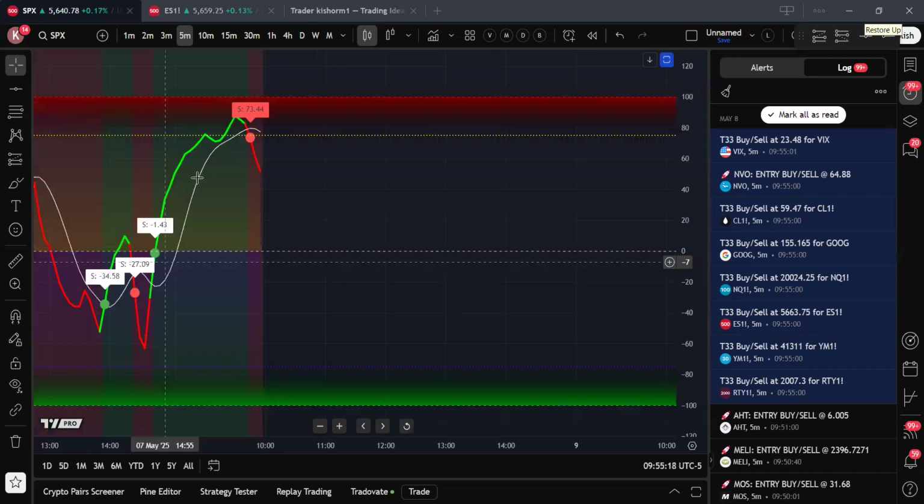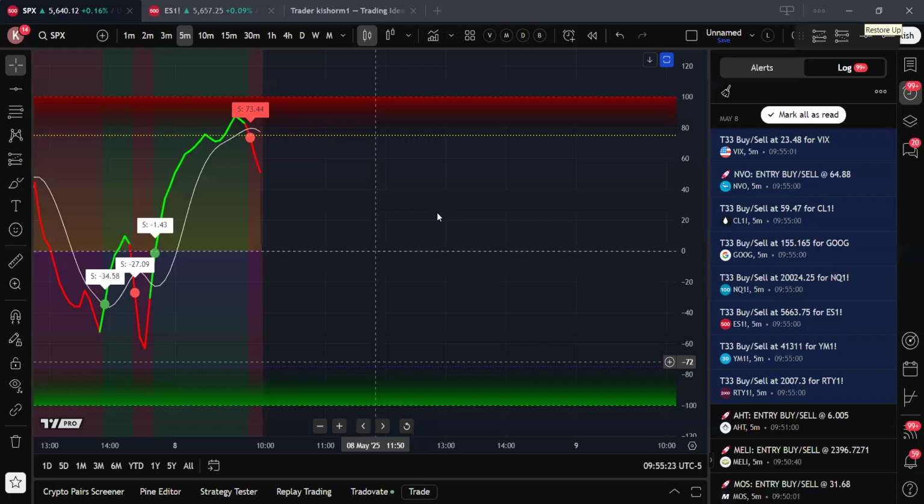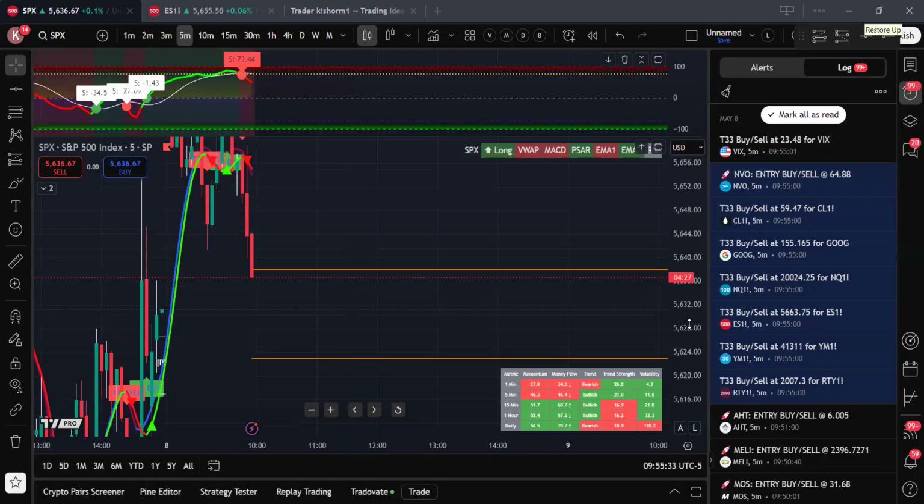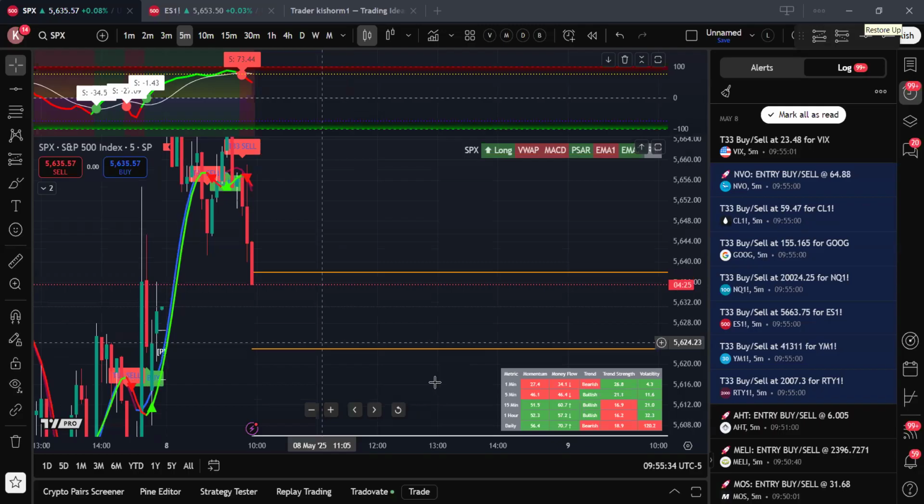So here price went all the way to the top, and there is a nice gap here. That means there is a high possibility for a nice drop. Yes, SPX, NQ, QQQ, everything is dropping big.